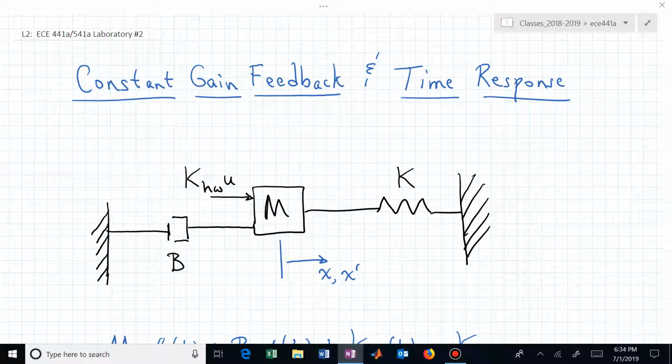It has a spring constant K, and a damping constant B, and we're applying a force that has a hardware gain. We apply this input in units of counts, and that goes through the mechanical and electrical interconnections to produce the force applied to that mass M.